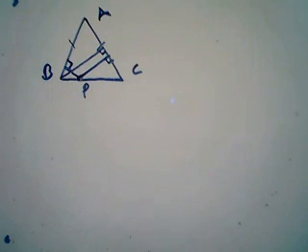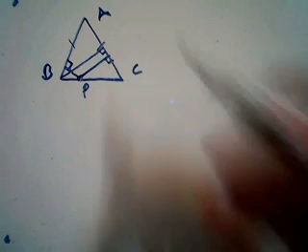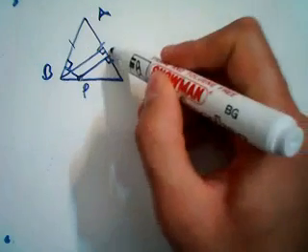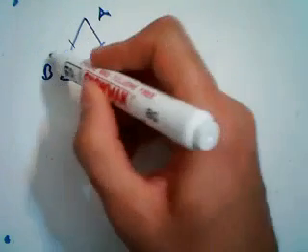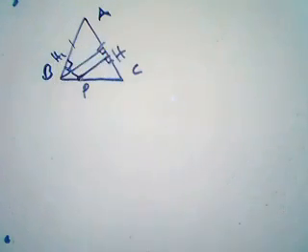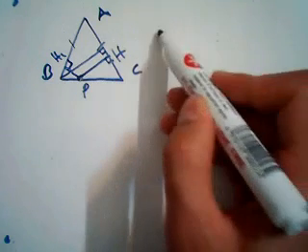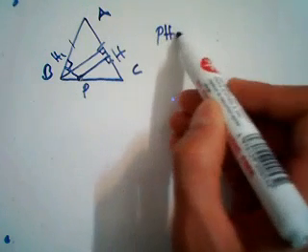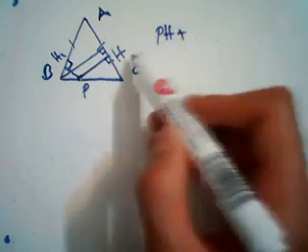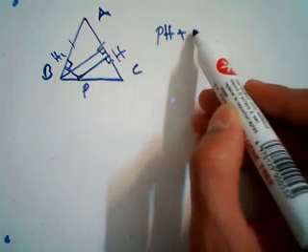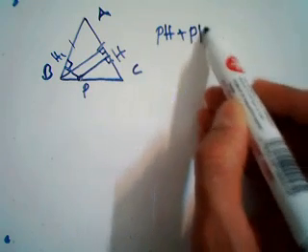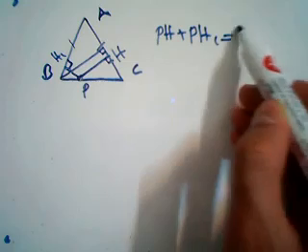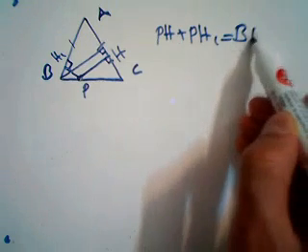Okay, but again here we have, let's call this H, and this is H1. So the theorem says that PH plus PH1 equals BN.